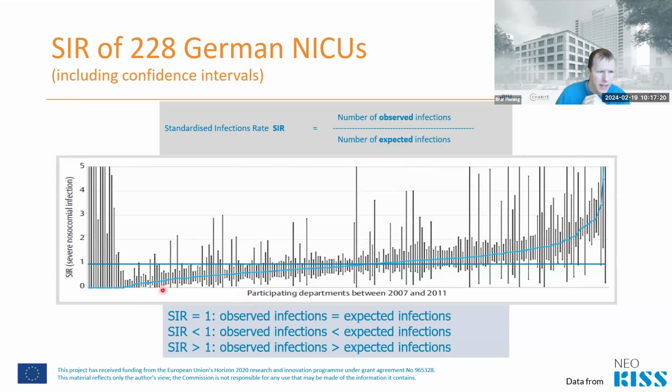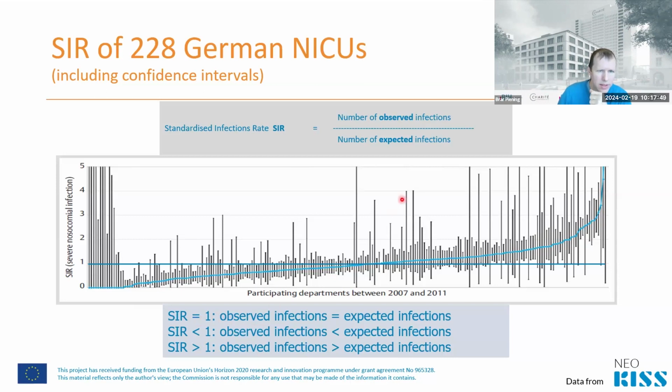This is the standardized infection rate. The standardized infection rate is a very simple measure that we have in the NeoIPC system, but it initially stems from NeoKISS. According to the reference data, the days of life and the birth weight composition, we calculate how many infections we would expect for a ward, and then we see how many we actually observe.